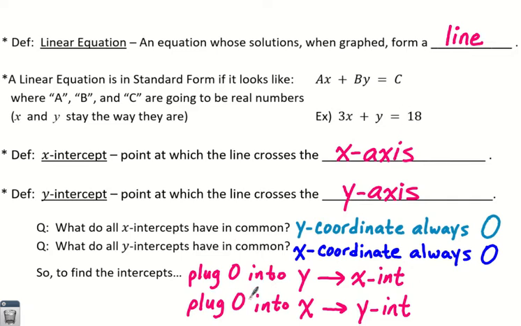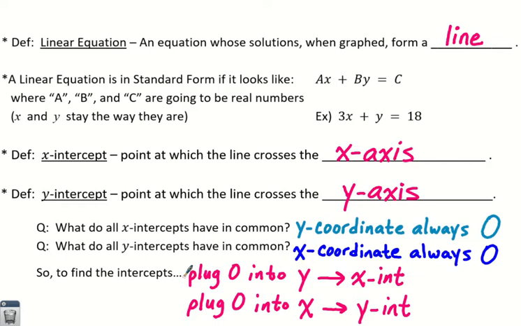But another option you have is to plug in 0 for the x. 3 times 0 plus y equals 18, and just solve straight up for y, and that would be your y-intercept. So if nothing else, to find your x-intercept, remember this whole set of options.